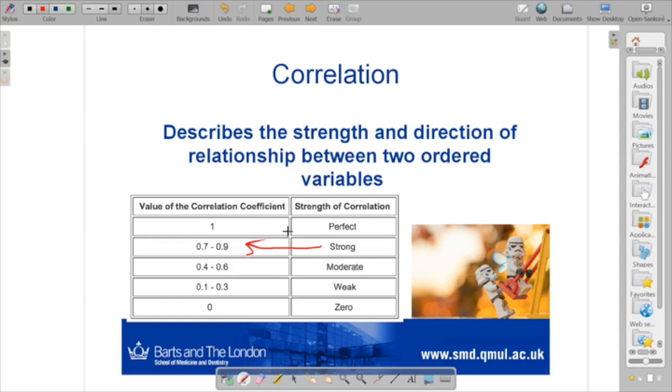No hard and fast rules, but these are a general guidance. And it helps because although we may or may not like numbers, when we write a research article or report our data, we report it using words as well as numbers.